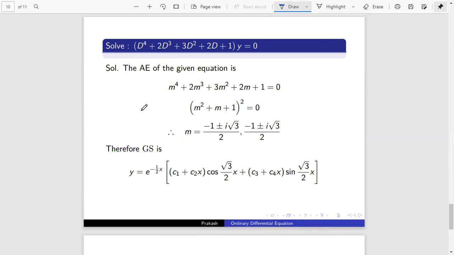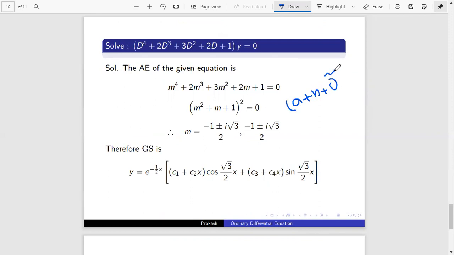There is another problem. It is also a fourth order differential equation. This is the auxiliary equation, and that is nothing but the a plus b plus c whole square formula. We know the a plus b whole square formula, and there is one more term.